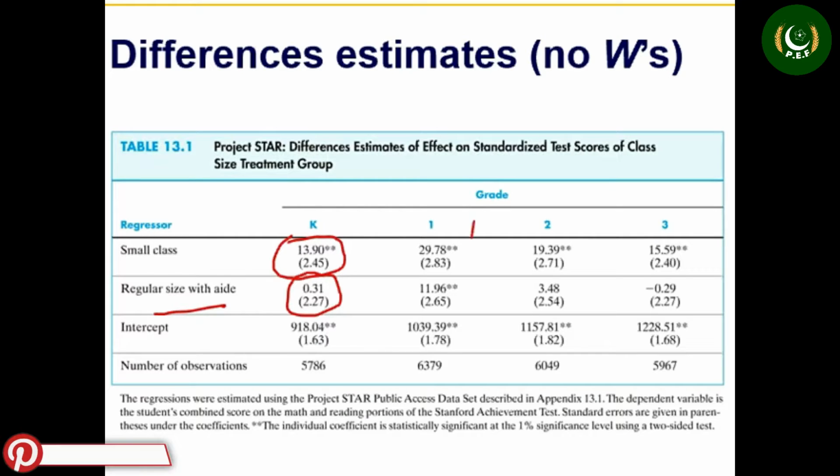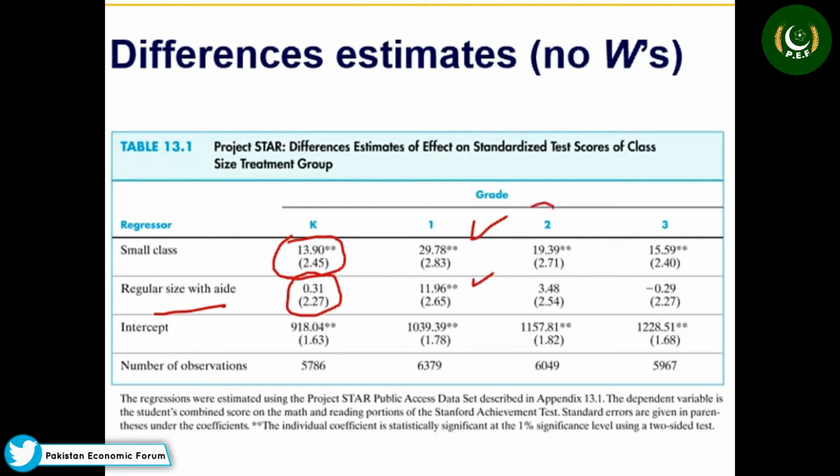At grade 1, when they were re-randomized, again there is a 30-point test score difference between small class size and regular class size. Regular class size with aide is also significant here, with a 12-unit improvement.